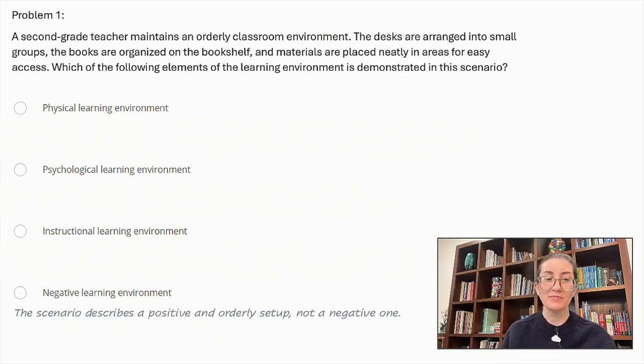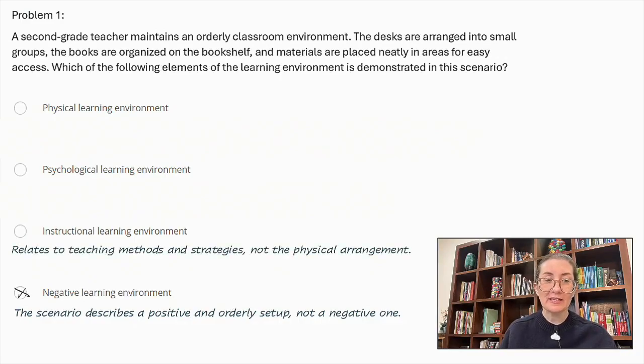Starting at the bottom. The scenario describes a positive and orderly setup, not a negative one, so we can eliminate this. Instructional learning environment. This is related to teaching methods and strategies, not the physical arrangement, so this is not correct either. Psychological learning environment.